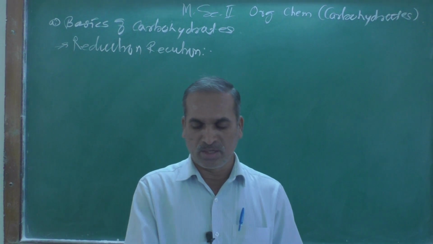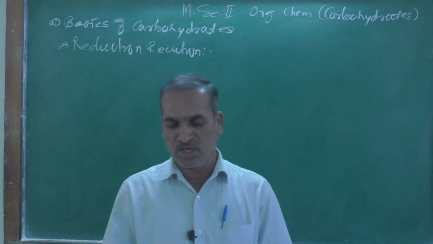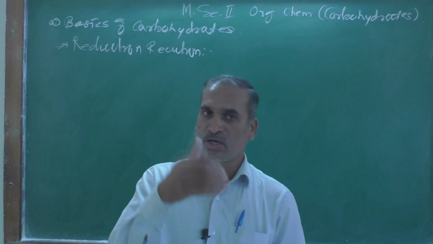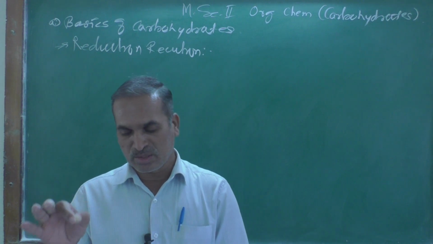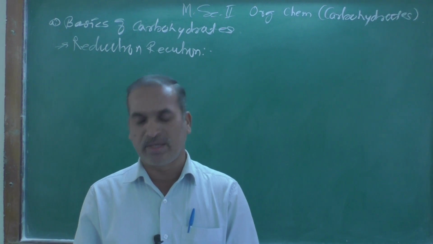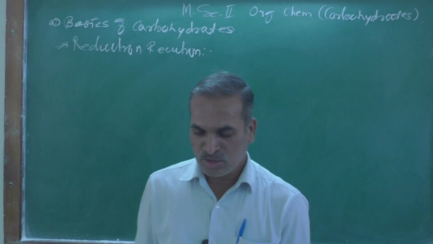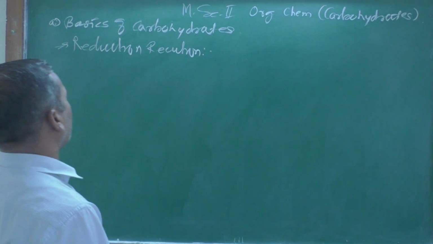For example, glucose and fructose both on reducing with H2 in presence of nickel, or sodium in presence of ethanol, or sodium borohydride in presence of ether give sorbitol. So that is a general reduction reaction.